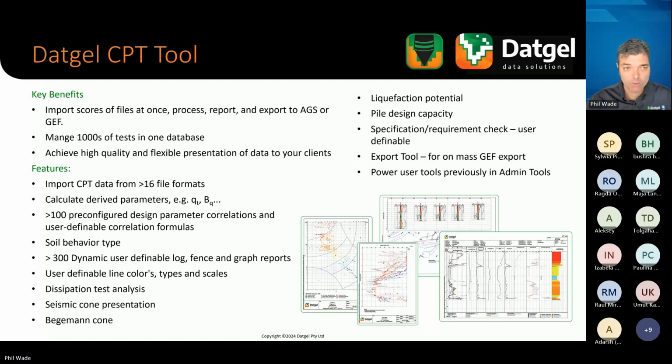What sets this apart from other options on the market is that we build a database of all your data, hundreds or thousands of tests in one database. You can set parameters and recalculate the entire database to get different results. You can export en masse or individually to AGS format or GEF format, and you can produce hundreds of test reports at the click of a button.